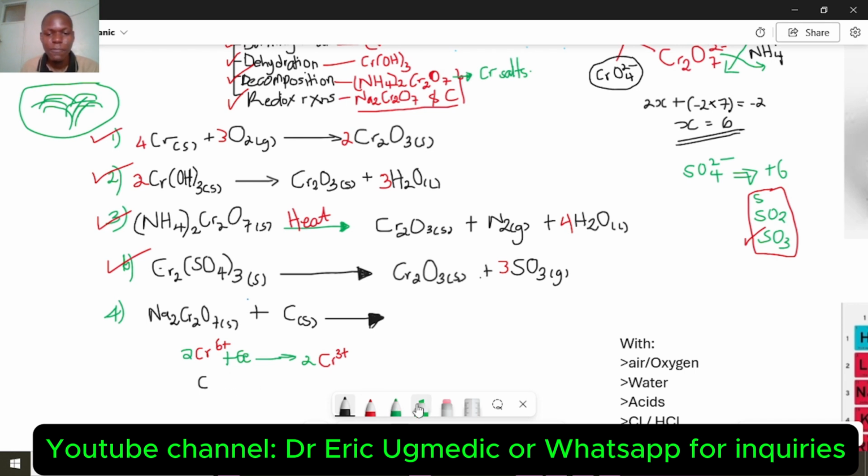So I'll have this carbon losing 6 electrons. But remember, each carbon can only give you a maximum of 4 electrons, which means that we shall need 2 carbon atoms to give us these electrons.